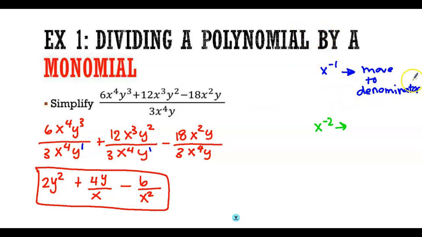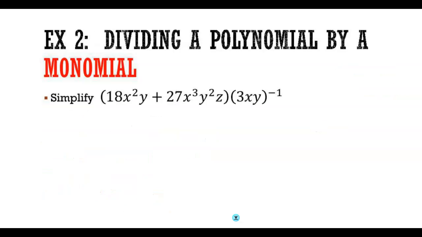Let's do one more example together. I'm looking at this problem here, and when you look at it, you might say, Ms. Faison, this is multiplication. But what's a little bit tricky about this problem is that it says to the power of negative 1 in the corner. And because it says that, remember that means if I want to make it positive, I'd bring that to the denominator.